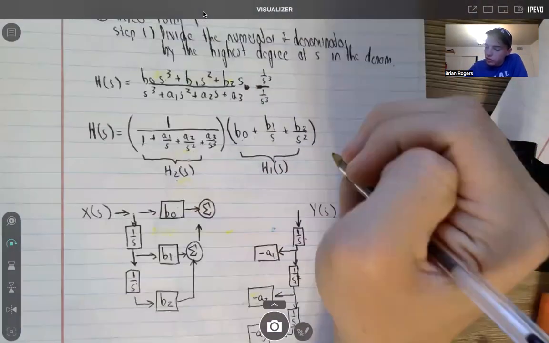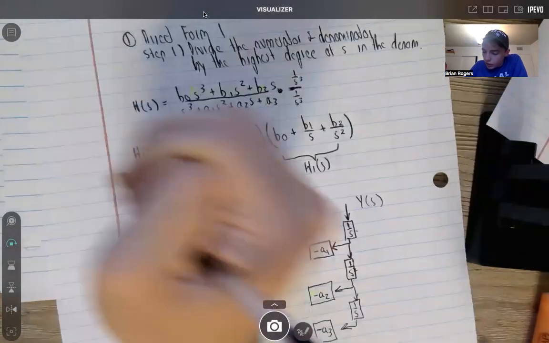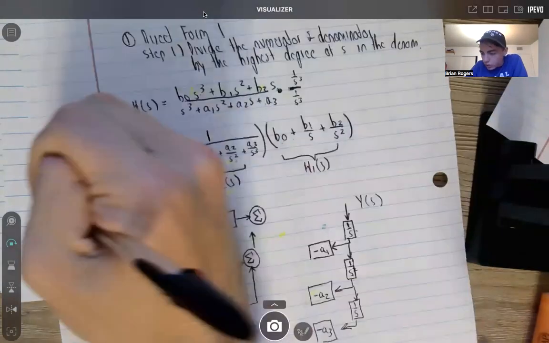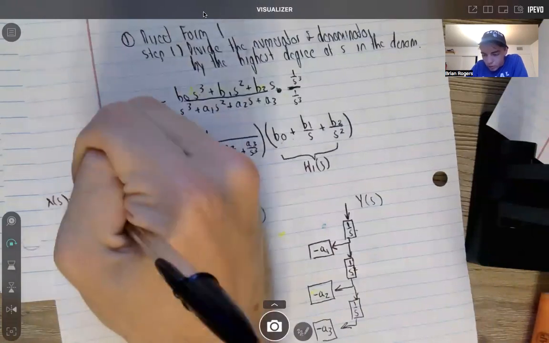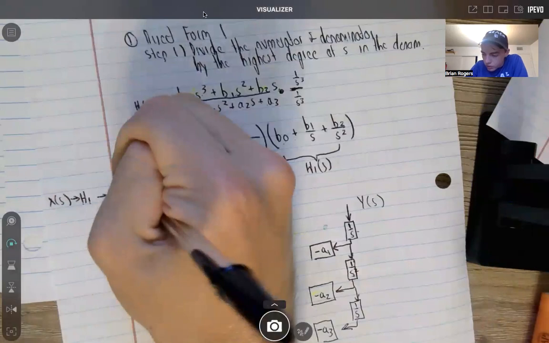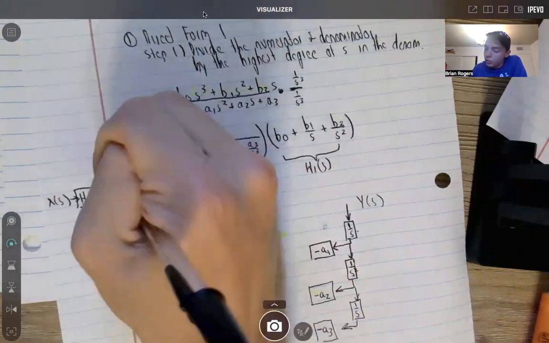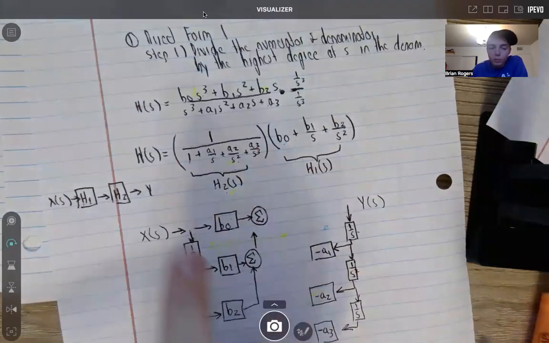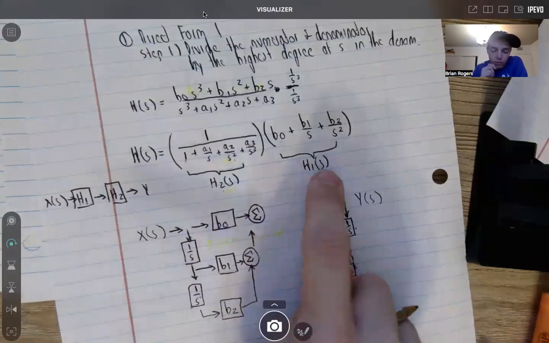So let me just do this over here. We can do that our X of s is going to have to go through H1, and then it's going to go through H2 to produce our output. Okay, that's what we know right now because they're multiplied by one another. That means they're in cascade, just like we talked about before.